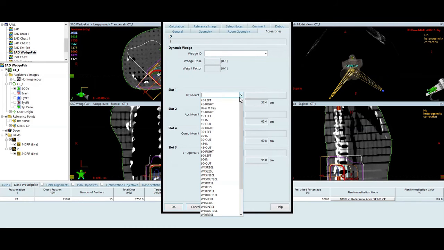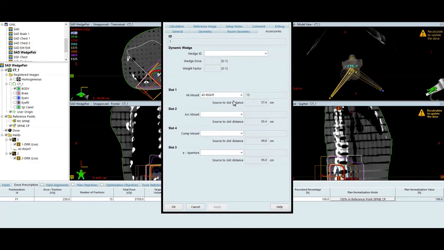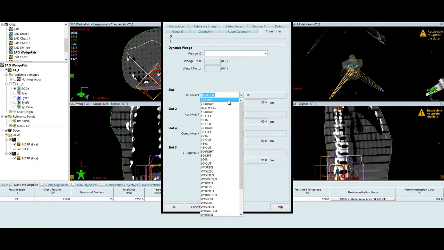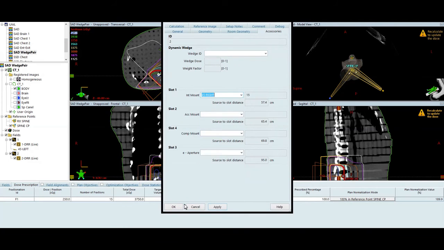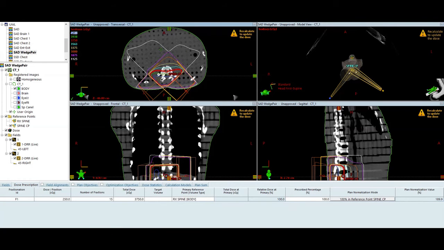So I can go to the properties for my wedge, and let's start off with a 45 left, and we'll do a 45 right, and I'll recalc the dose.